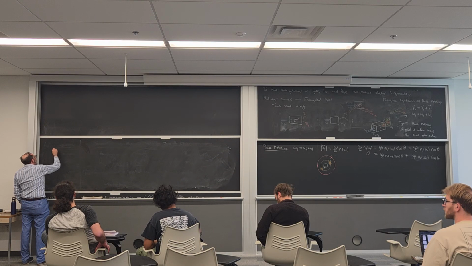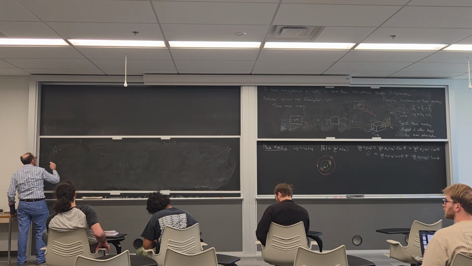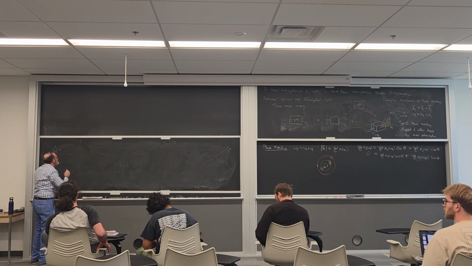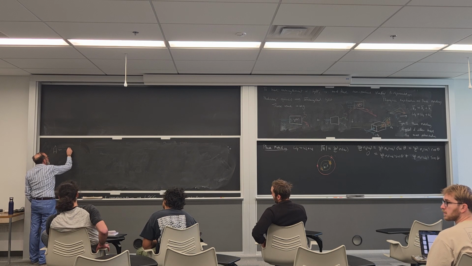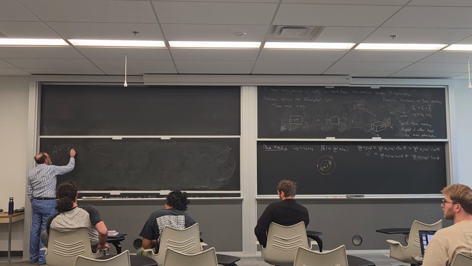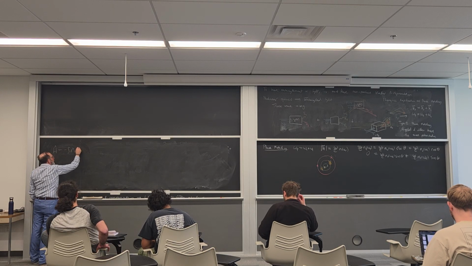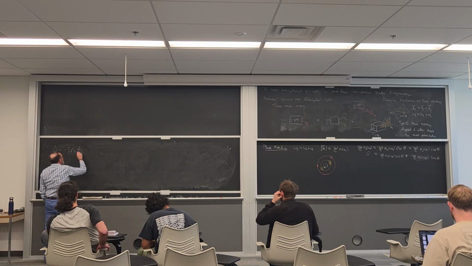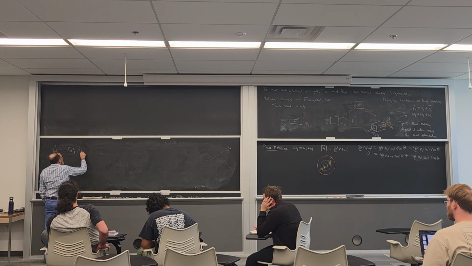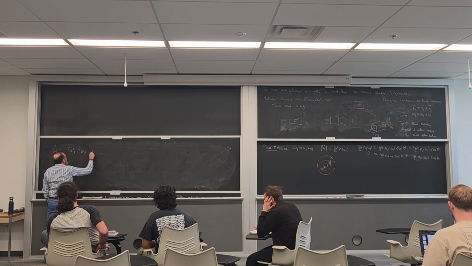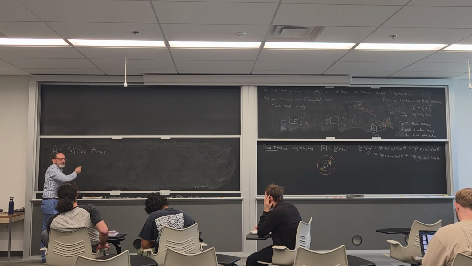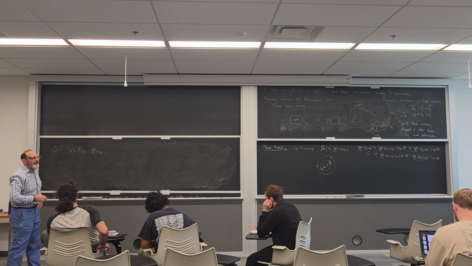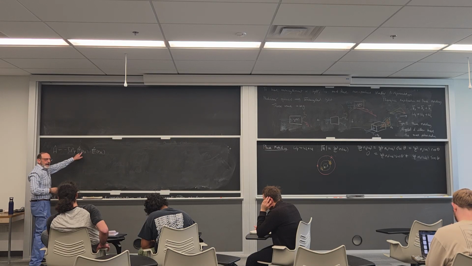So, my Hamiltonian in this situation, you will remember, is the interaction between the dipole density, which is the polarization density, and the electric field. That's a fundamental Hamiltonian that defines this kind of interaction.